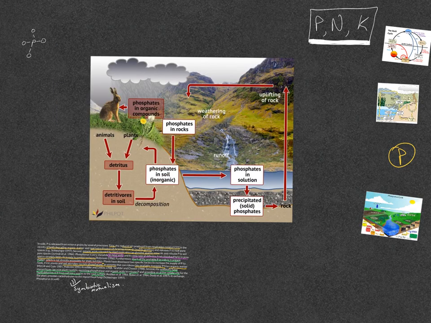So ultimately, to simplify everything, the cycle turns out to be that phosphorus is trapped in the rock. We'll start at the solid phase of the rock, up in the mountains that have been uplifted by geologic events.